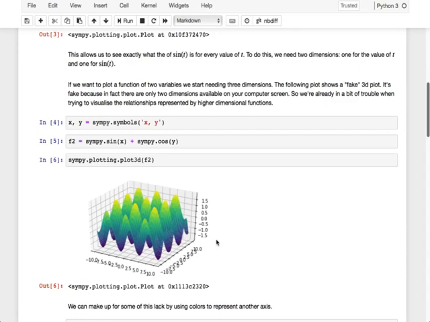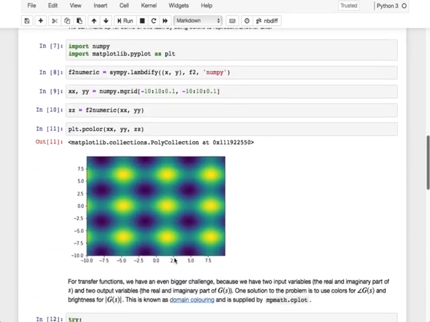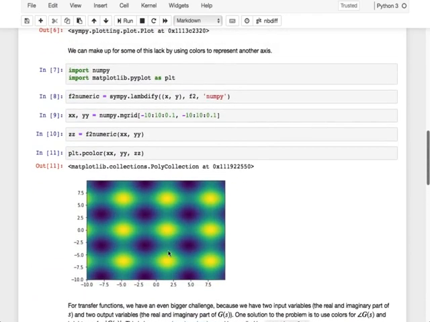So we can see the same idea, instead of using a height, but rather using colors to represent the third axis. Here we've got the x and the y, and we're using a color. In this case, the yellow values are the high values and the black or purple values are the small values.